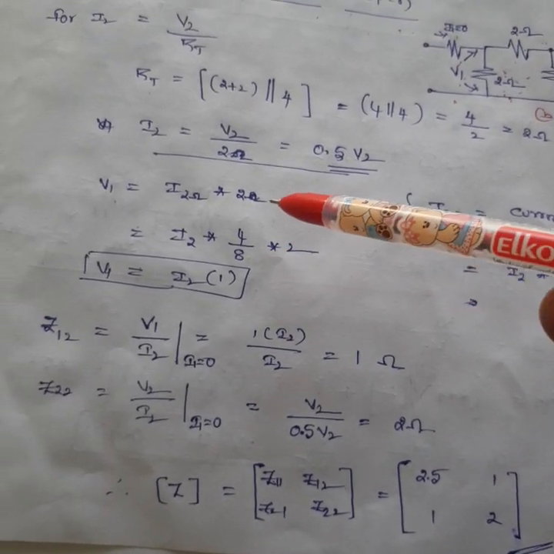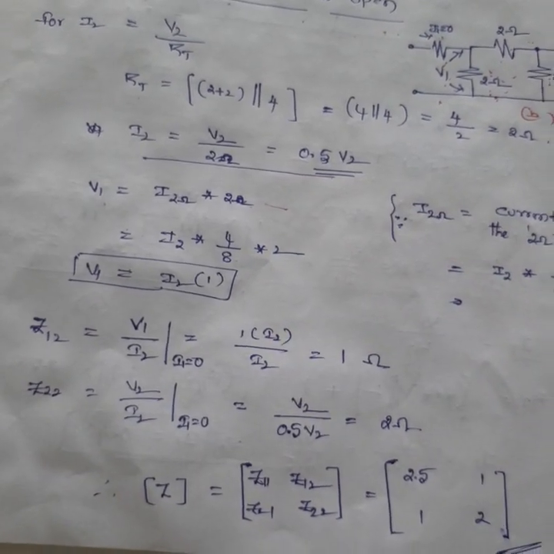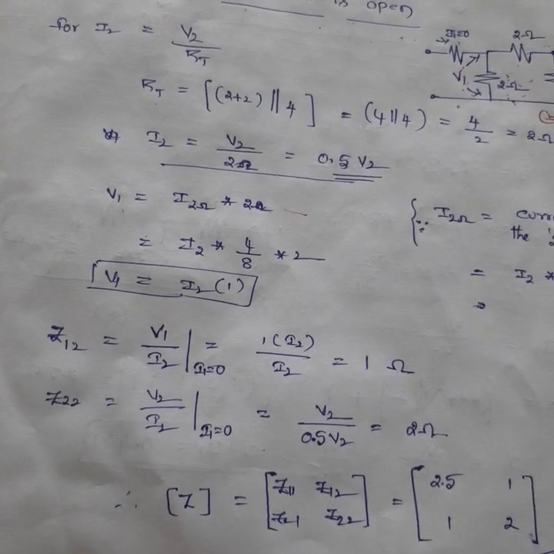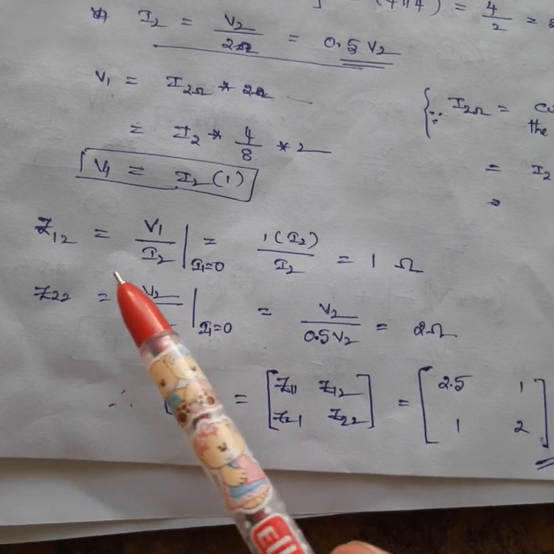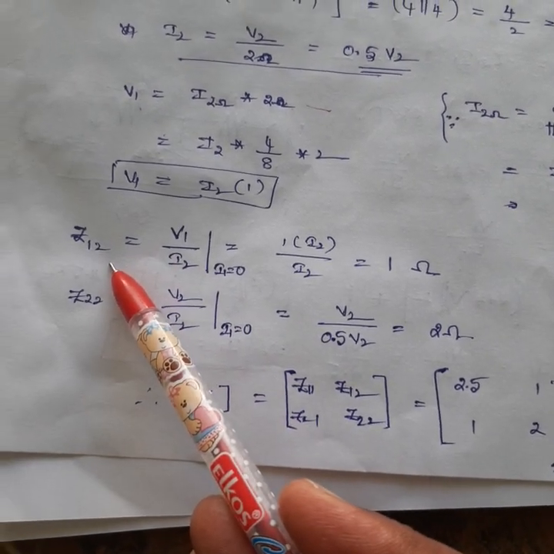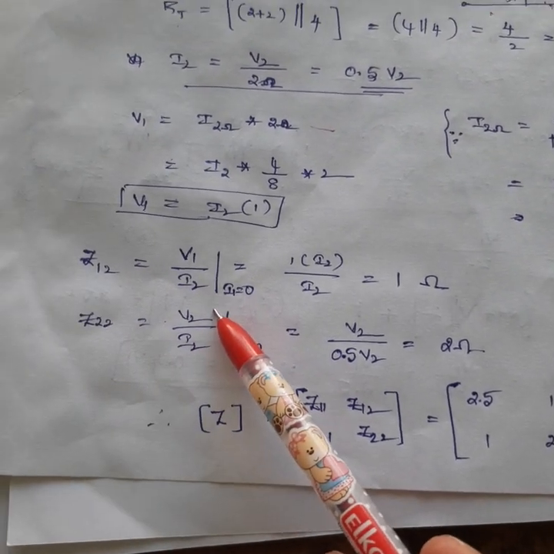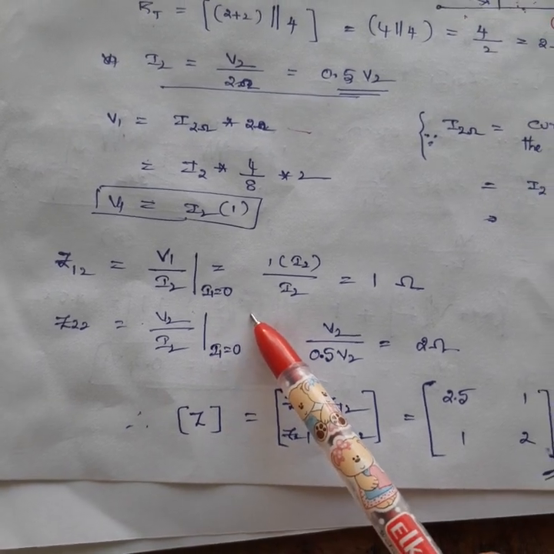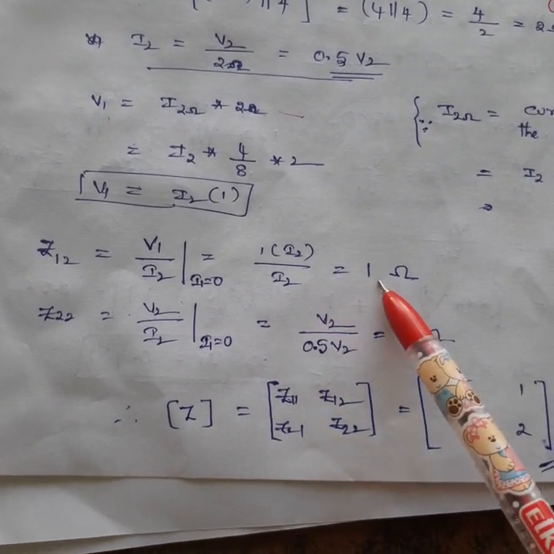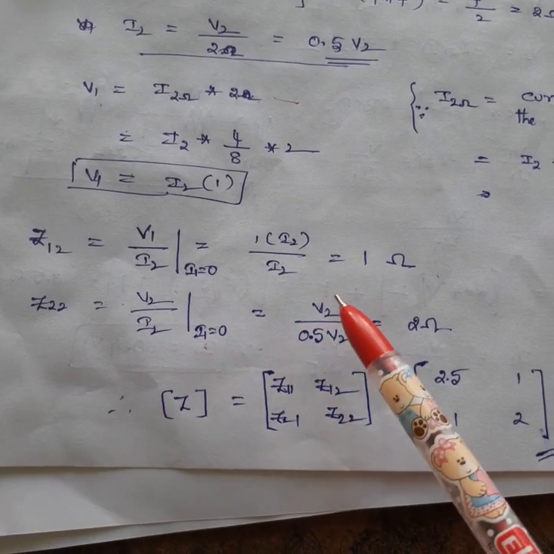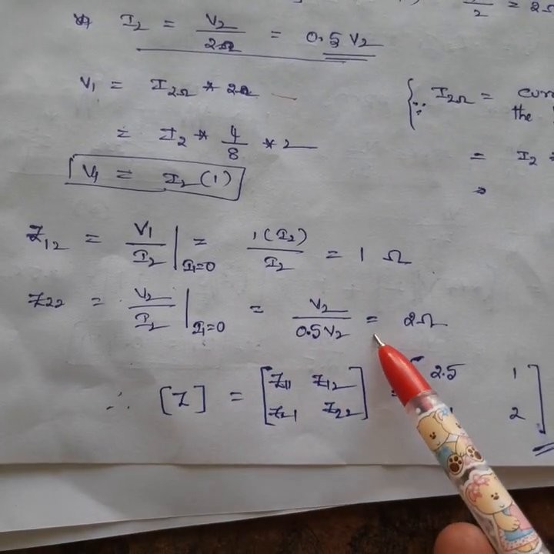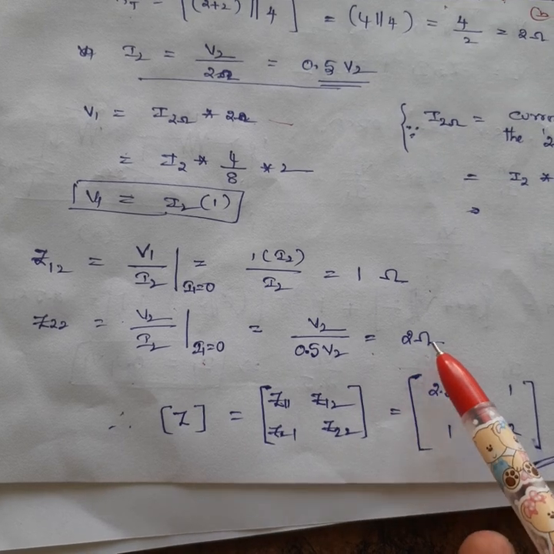Substituting, V1 equals I2 into 1. Then Z12 equals V1 by I2 at I1 equals 0, that equals 1 ohm, and Z22 equals V2 by I2. Substituting I2 equals 0.5 V2, that equals 2 ohms.